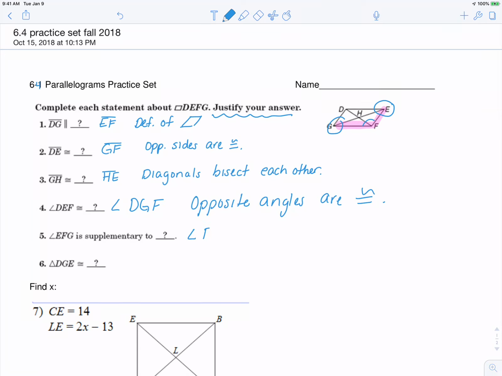So it's either angle DEF or angle FGD. Okay, and that is because of the property that consecutive angles are supplementary.